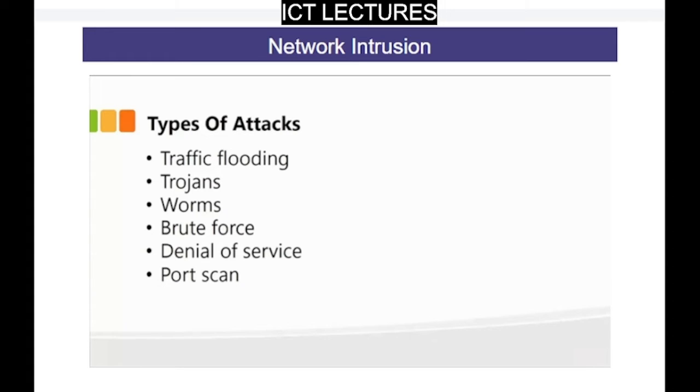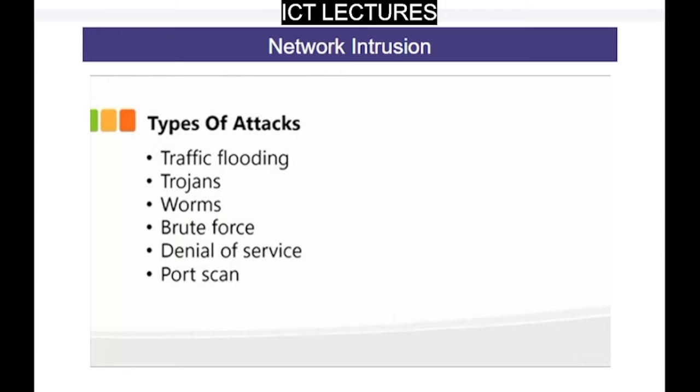Second is Trojans and worms. These are types of malicious attacks. Worms replicate themselves and Trojans do not. They just sit on your network, and anytime the user does something, they are activated. So these are, again, malicious code that is being sent to your network.